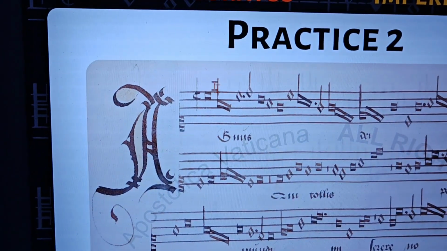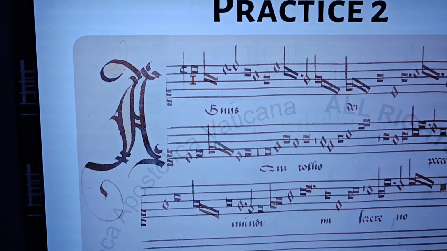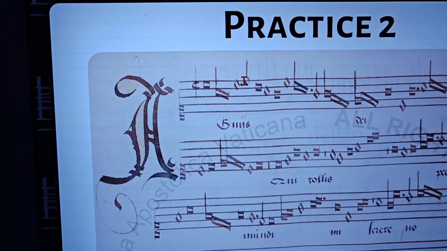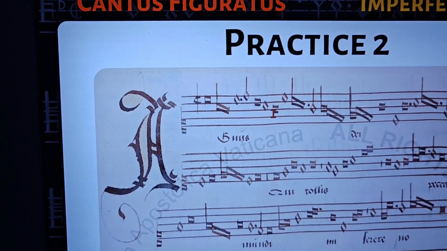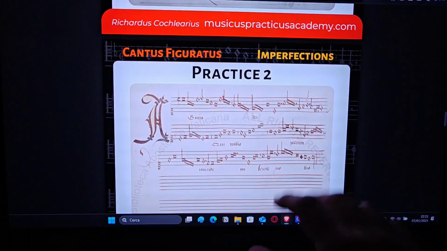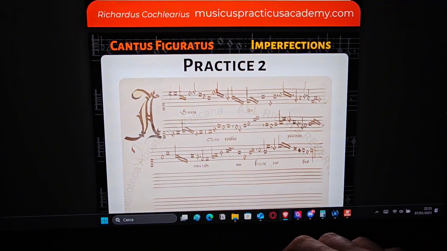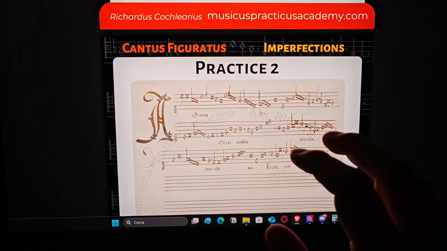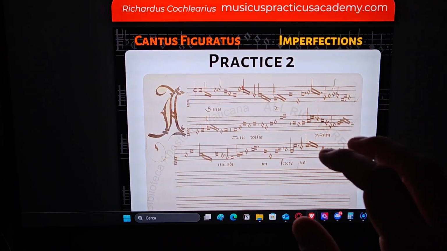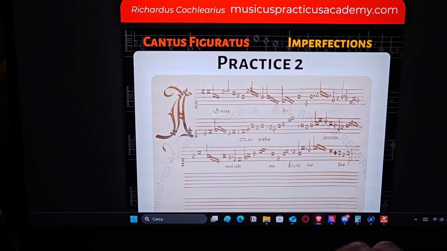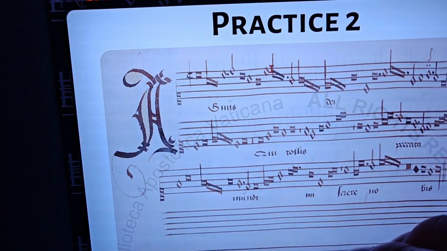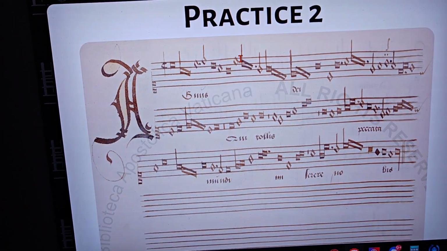So let's sing the first line. This is brevis, semibrevis, semibrevis, semibrevis with a dot, minima, brevis, semibrevis, brevis. So it is fa, fa, re, ut, fa, sol, mi, re, ut, fa, mi, la, sol. Here, fa, mi, la, sol, sol, fa, re.